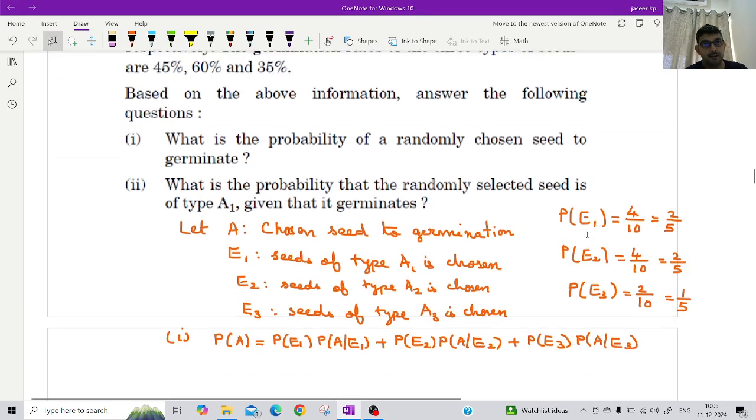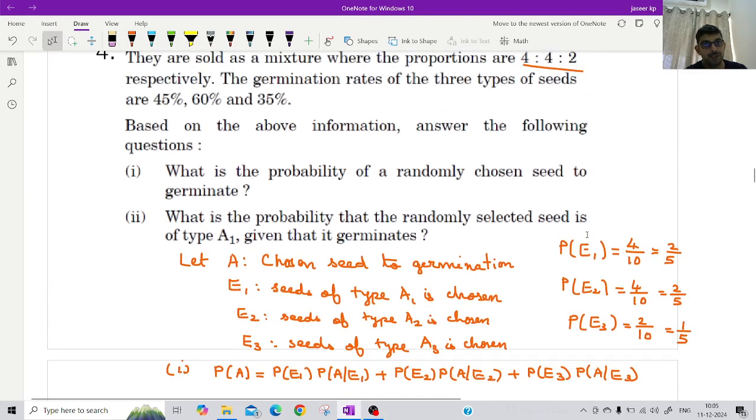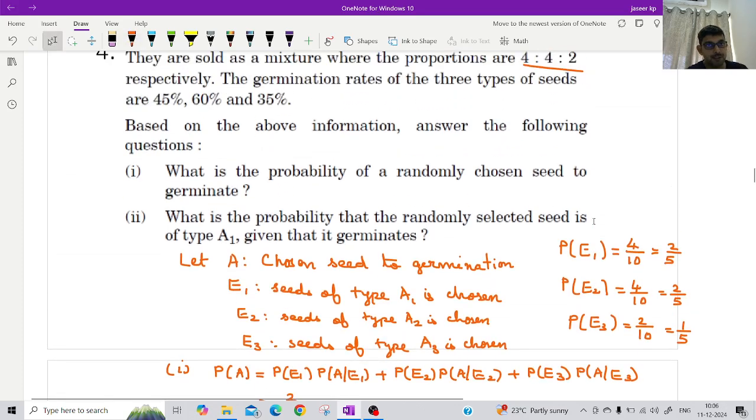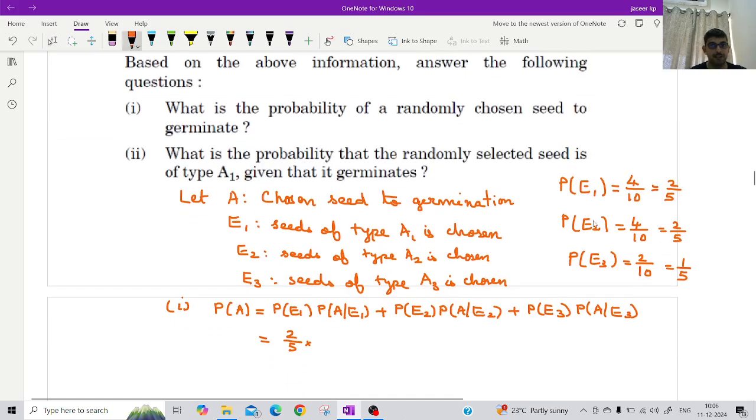Now comes the percentage part, which is also given here. So P of A given E1, I'll be substituting here itself. It's 2/5 into 45%, that is the percentage for germination.